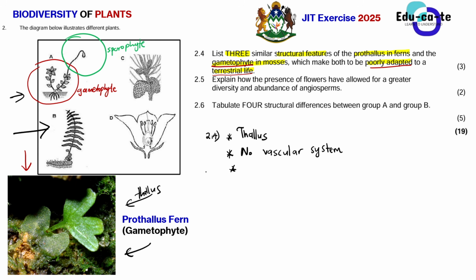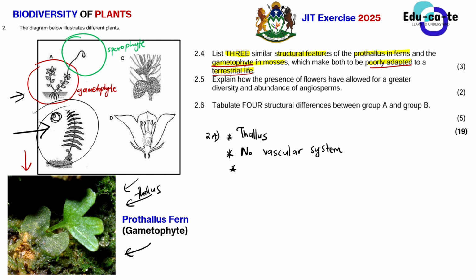We are comparing the prothallus fern here, not the pteridophyte that you are used to. This is a fully developed fern, the one in B, but the smaller version, when it's still small, looks like this.